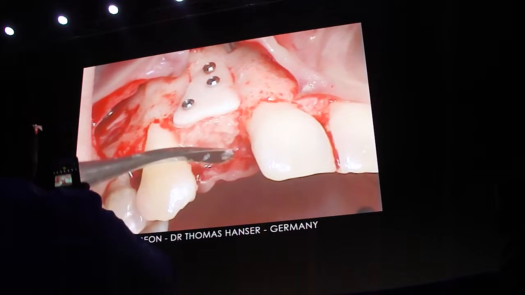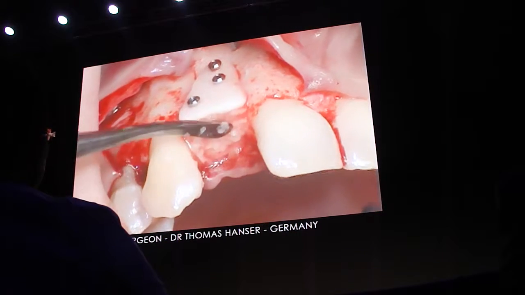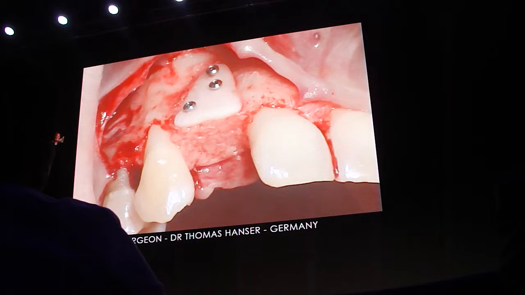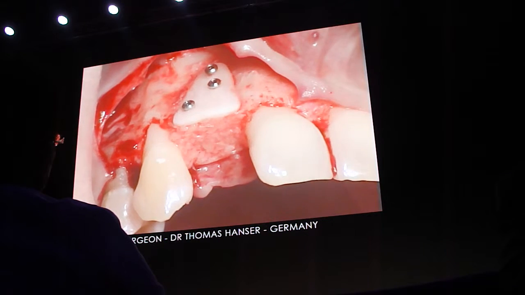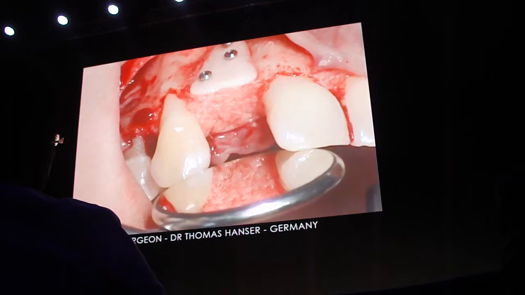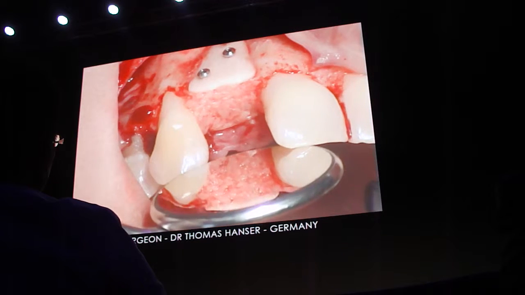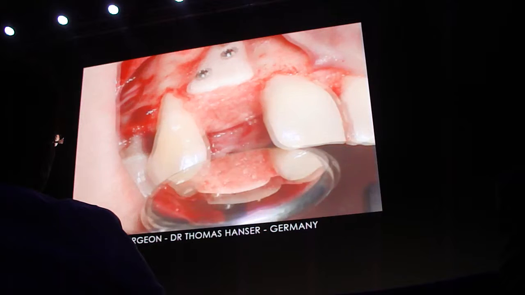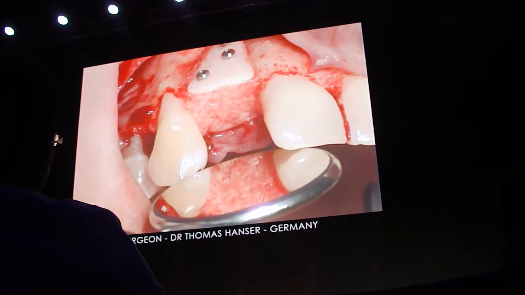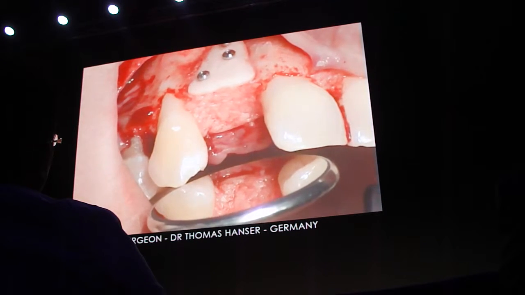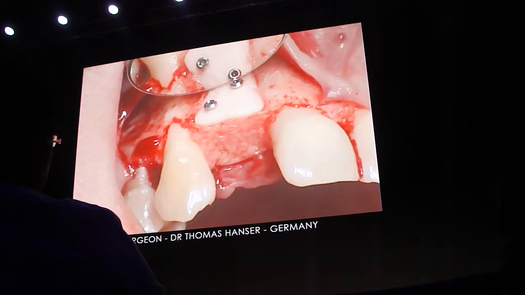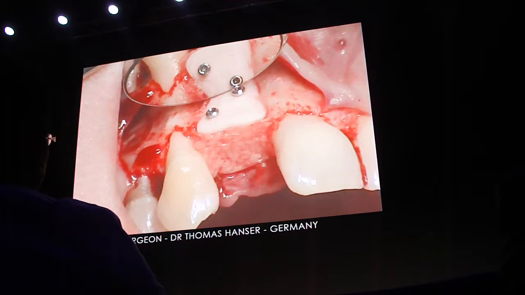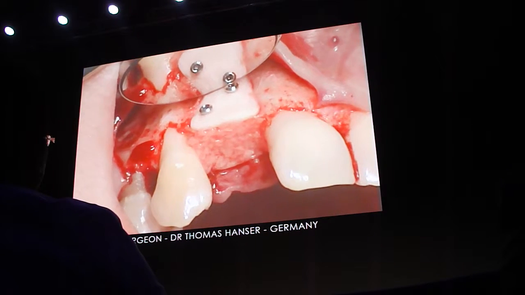But what about the soft tissue management, which is very essential in this very sensitive aesthetic area? Well, first of all, we want to protect the grafted area, but additionally we want to increase the soft tissue volume, making it possible to place the implants into the ideal implant prosthetic position. So to increase the tissue in all 3 dimensions, we very often use the connective tissue from the palate.